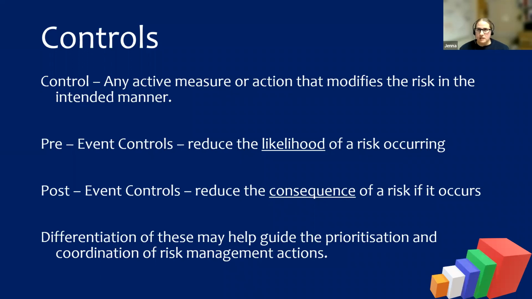Understanding the difference may help guide and prioritize what is important at that time and what you are trying to achieve. Controls that you can put in place might be the development of a new policy or a new procedure. It might be that you look at new technologies, new techniques, and methods of doing things.